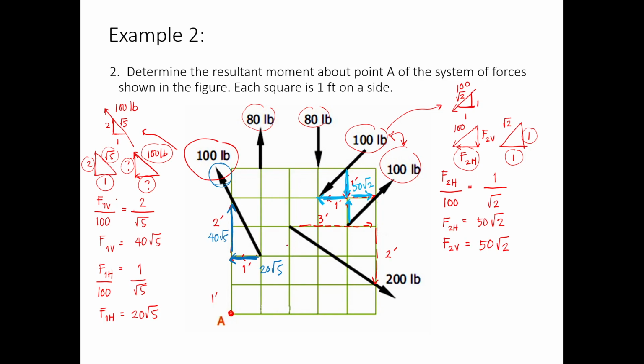So lastly is your 200-pound force. If we draw the diagram, this one is 200. Then the triangle that you can create is 3 and 2.